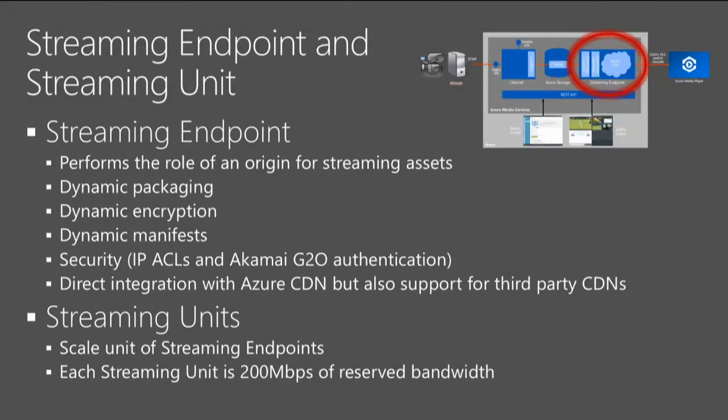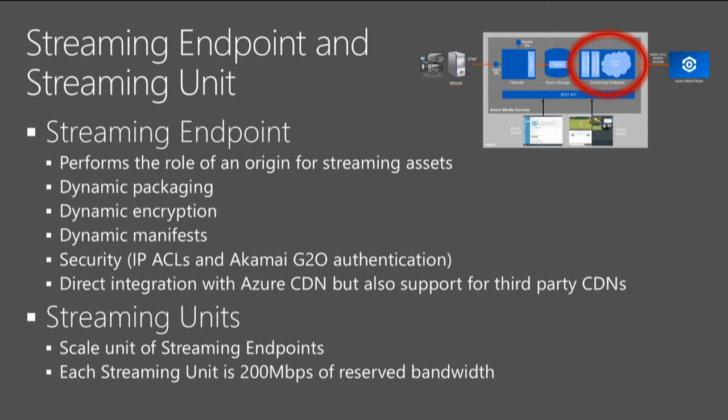All right, further along in our architectural journey here, the next thing that you'll need in your infrastructure that you're building out here is what's called a streaming endpoint. So the channel, again, was all about receiving the content into the cloud.